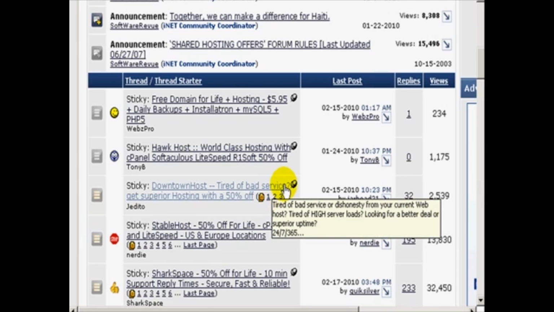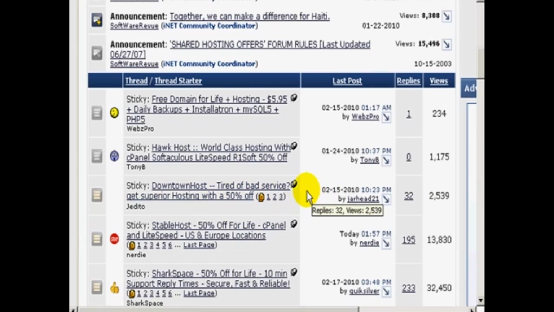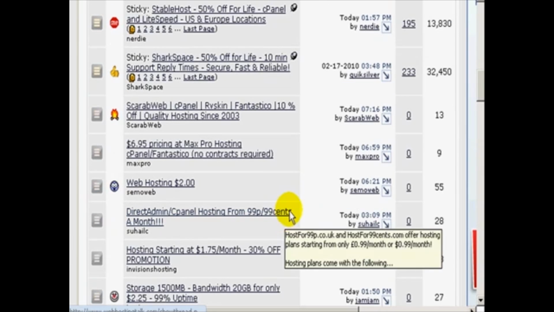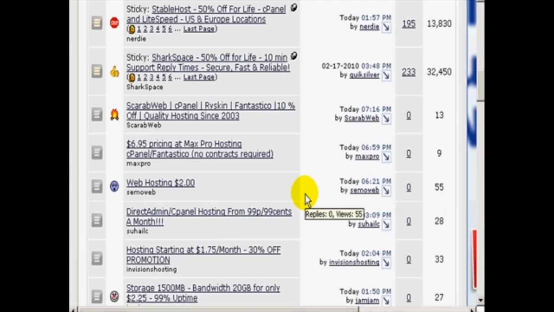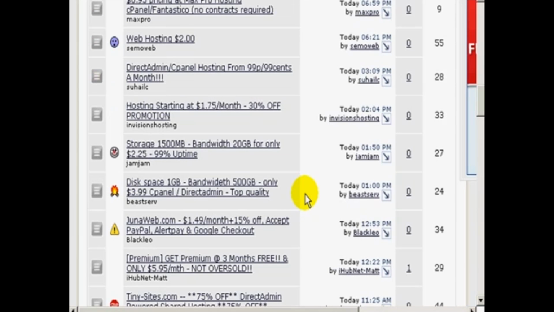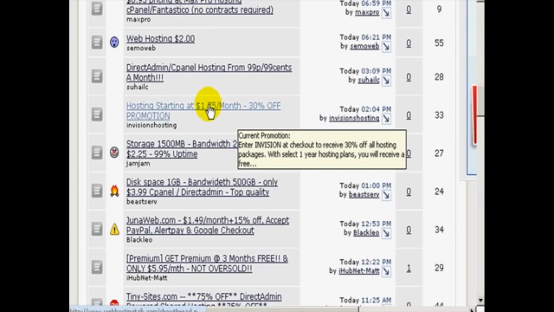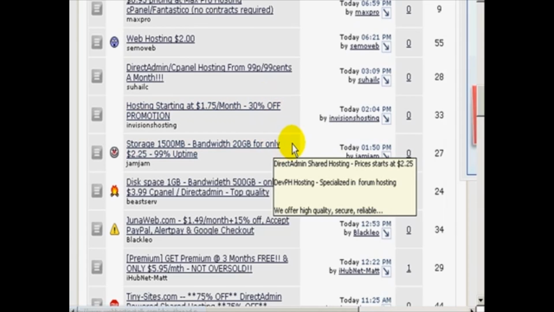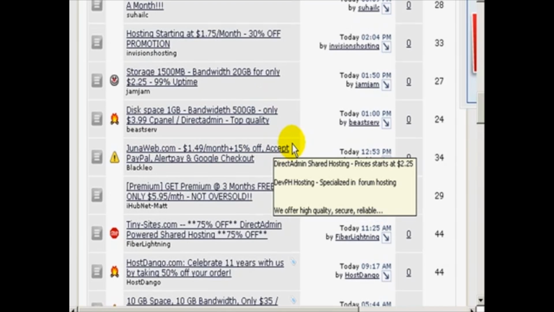Now that sounds insanely cheap, right? But here's the thing. People go here and they compete against each other. Web hosters compete so much that it drives the price down a lot further. So you're dealing with like $1.75 a month, which is less than $12, $15.